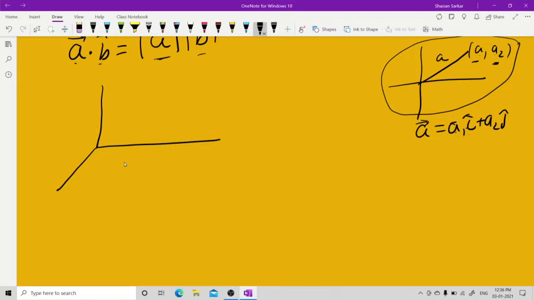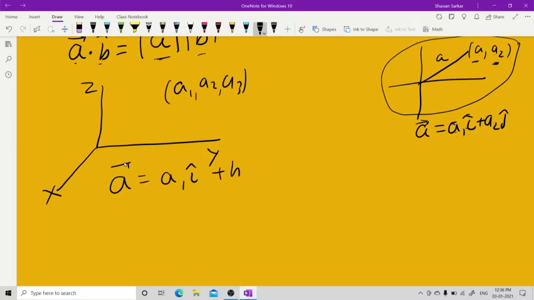Similarly for X, Y and Z, there are now 3 points. You write 3 points: A1, A2, A3. Now A vector will be written as A1 I cap plus A2 J cap plus A3 K cap.